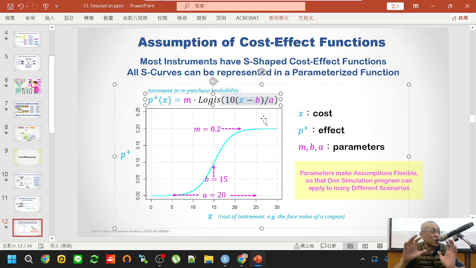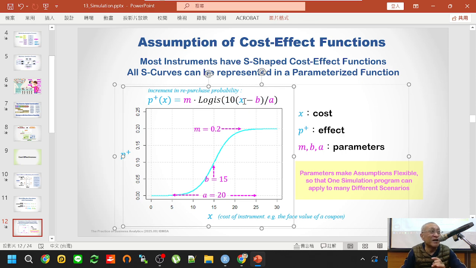As long as we can manipulate these three parameters, we can simulate any different kind of marketing instrument. Whatever instrument you are using, like cash coupon, advertisement, promotion, a gift, the more cost you spend, the larger the effect is.